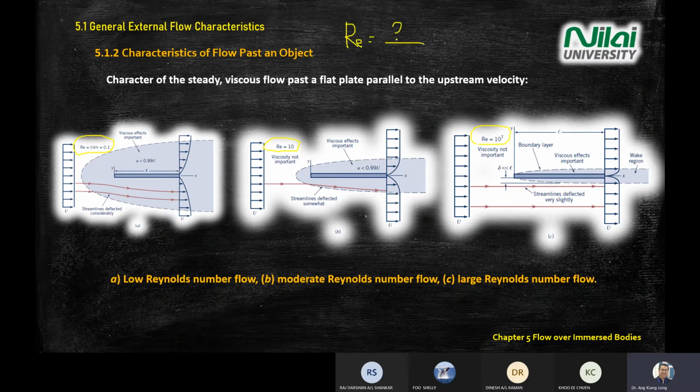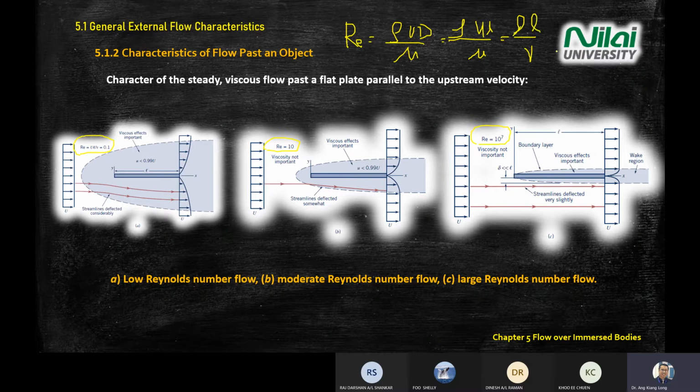It equals rho V D divided by mu, or you can use the characteristic length, rho V L divided by mu, or use the kinematic viscosity.